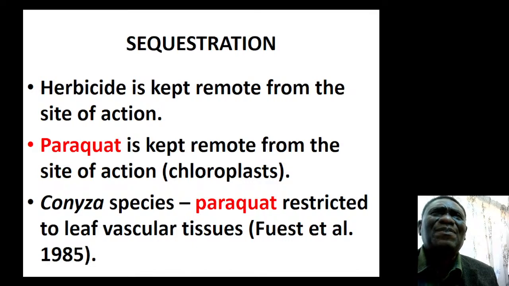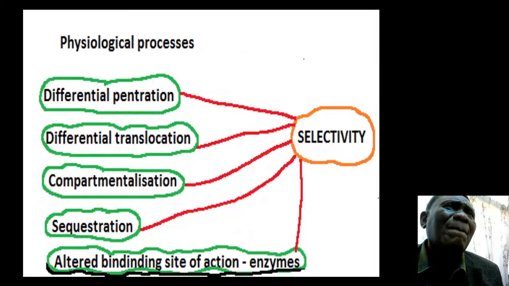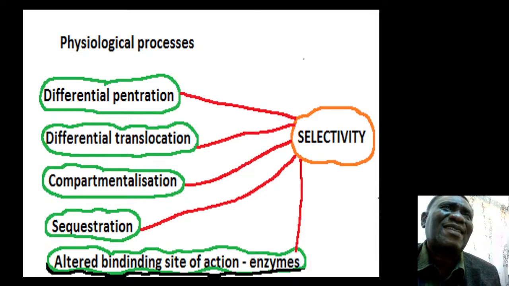It's selectivity, but it's not the selectivity which farmers want. So what can produce selectivity? It can be differential penetration across the cuticle, differential translocation movement within the plant, and also issues like compartmentalization and sequestration can contribute to selectivity.